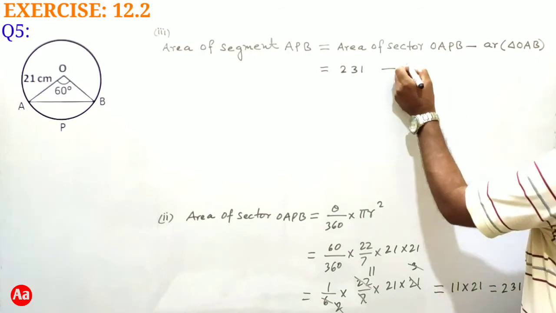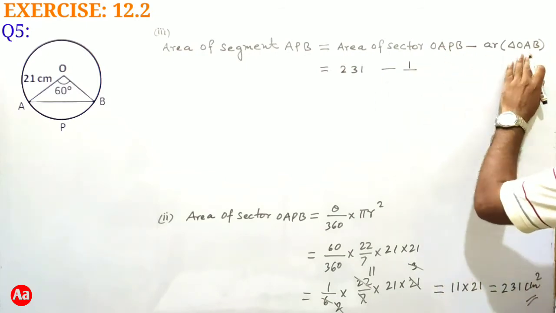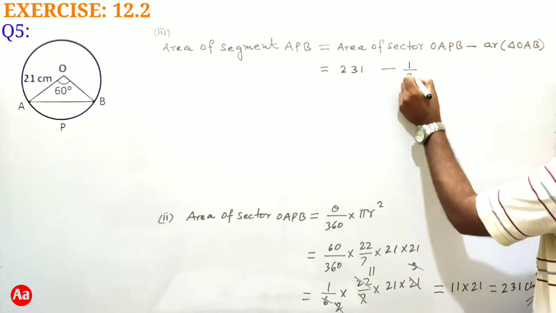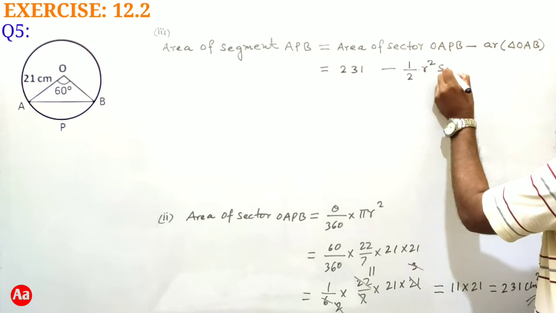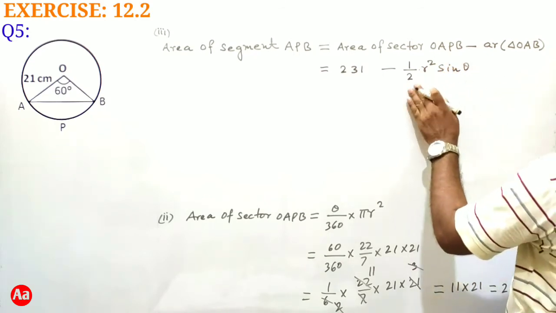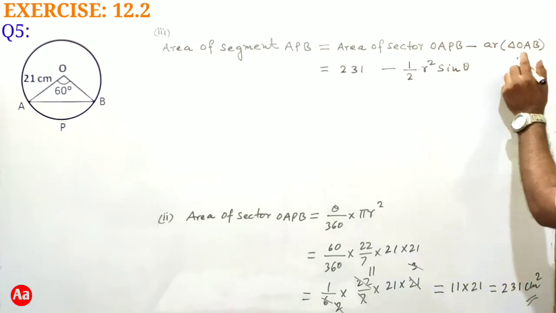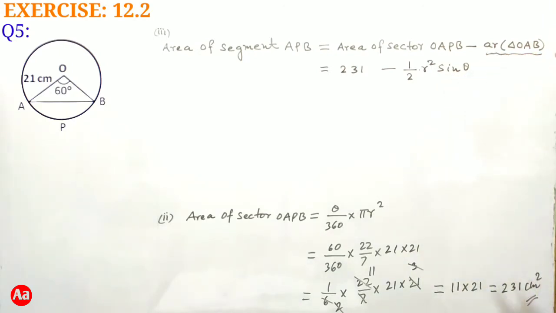So we are going to use a direct formula for the area of this isosceles triangle OAB, that is half r square sin theta. Half r square sin theta is the area of this isosceles triangle OAB.